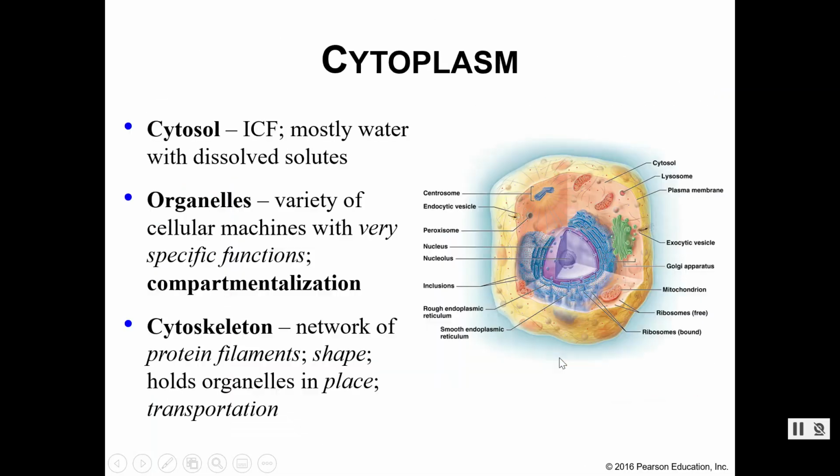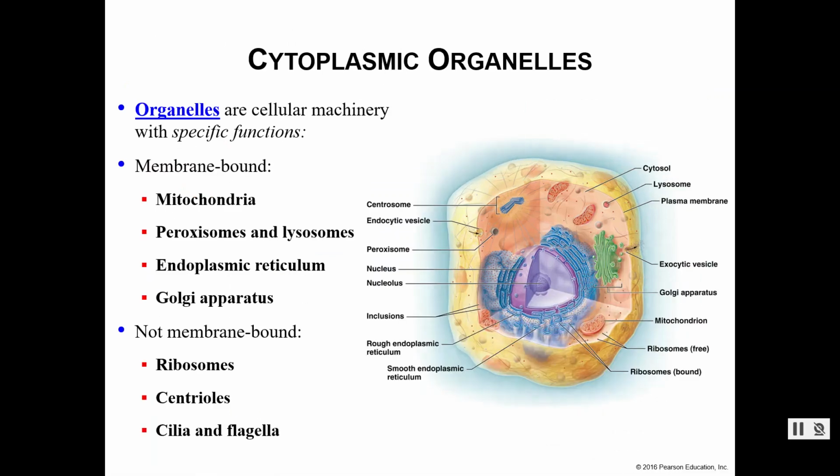All right. So we just mentioned the word organelle. We said each organelle has a very specific function. These come in two categories. We've got membrane-bound organelles and non-membrane-bound organelles. Membrane-bound organelles are the ones that want a very specific internal environment for whatever reason, so we wrap them in a completely separate membrane.